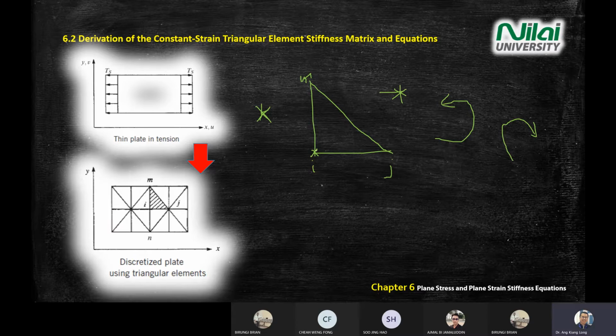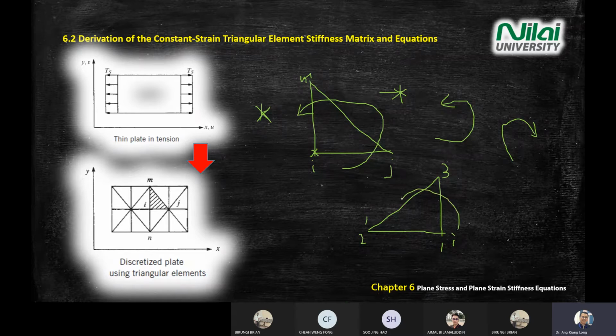Our I is one of the corners, followed by anti-clockwise numbering: I, J, M. So no matter how you do it later in the test, for example, if I give you points 0.1, 0.2, 0.3, you have to know that when you do the numbering, you number this one as I, followed by 0.3, not by 0.2.